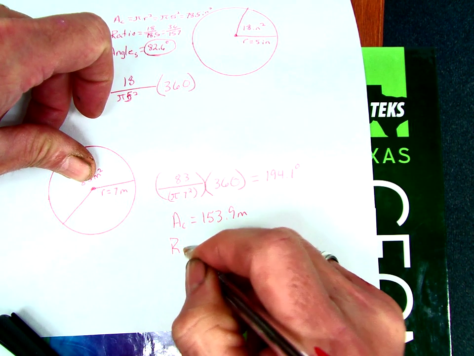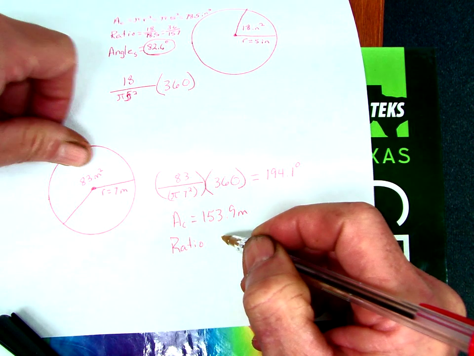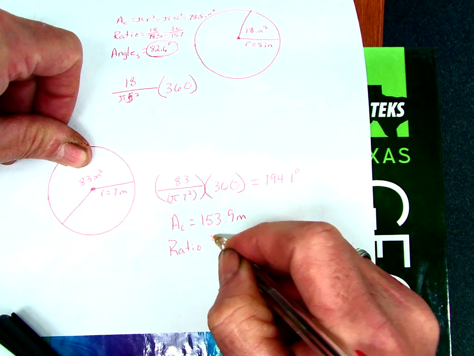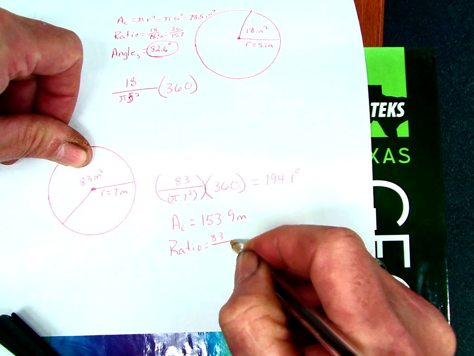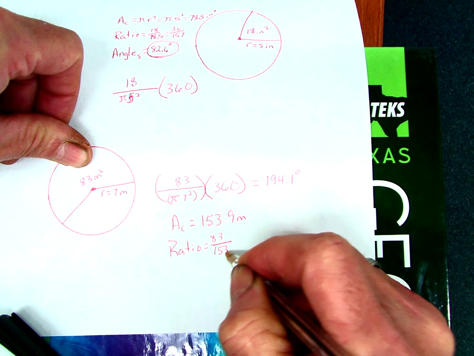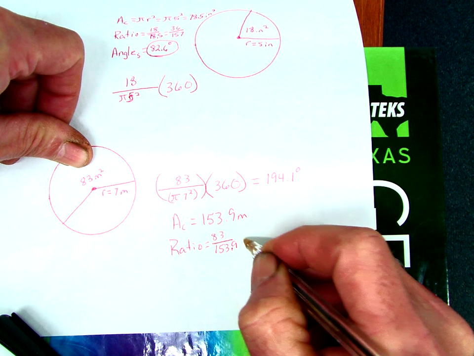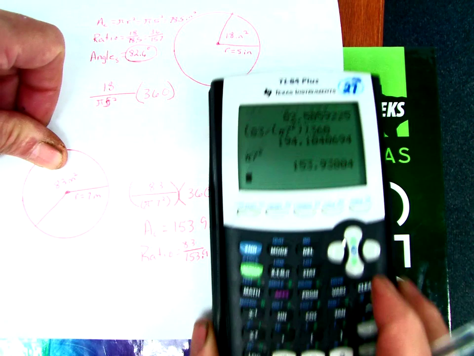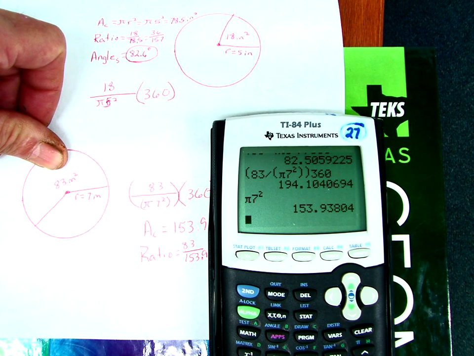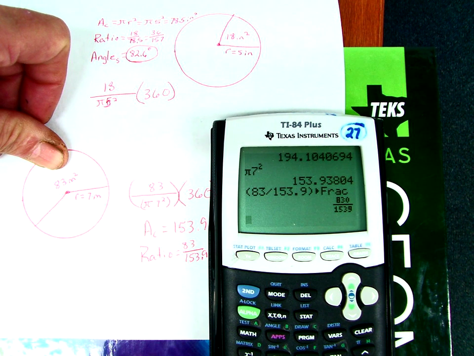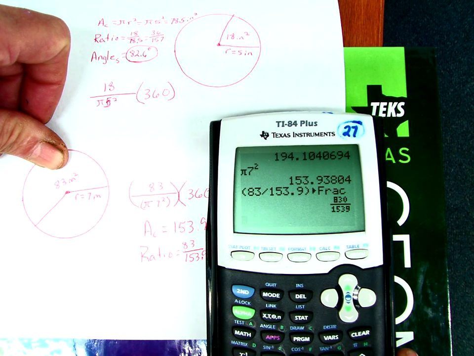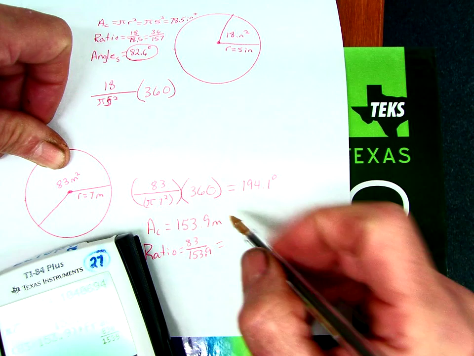My ratio, the area of the sector divided by the area of the entire circle, 83 divided by 153.9, math, enter, enter. 830 over 1539.